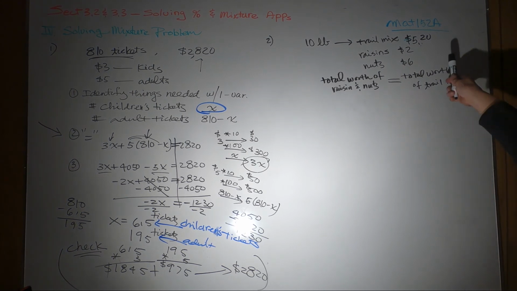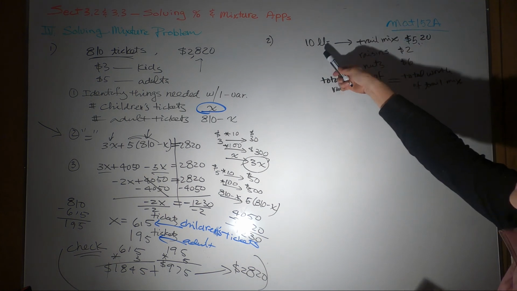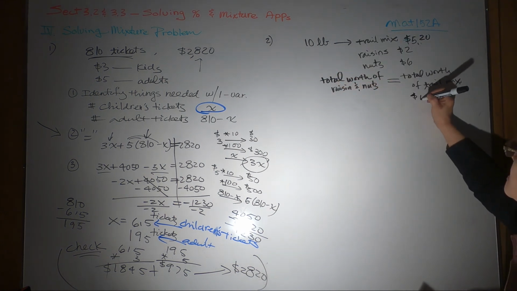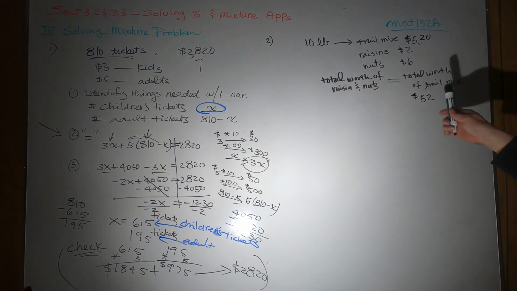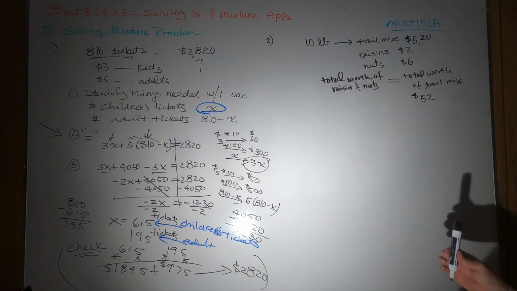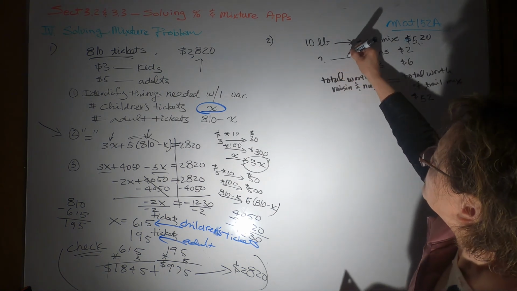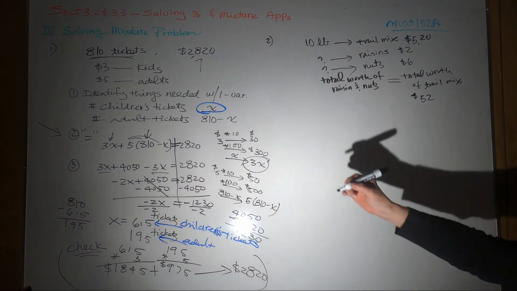Trail mix total worth is what? $5.20 per pound. 10 pounds should be worth what? $52, right? So you are going to mix those raisins and nuts. Then how many pounds of raisins will you use? How many pounds of nuts will you use? That was the question, right?